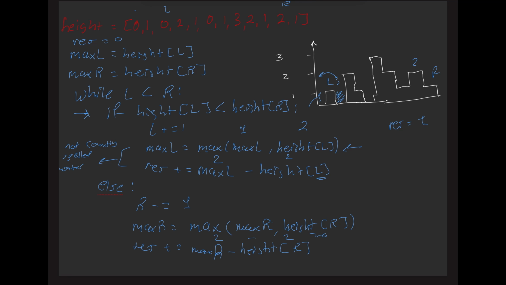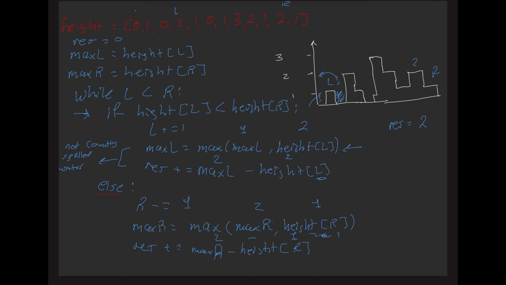So again, we're going to say, hey, our left pointer is now 2, and because 2 and 2 are equal, our right pointer will be kicked into here, and there's going to be a noticeable drop from 2 to 1. So max is 2 here, and then the height of R is 1, so it'll be 2 minus 1, which is equal to 1, and now our result has been updated to 2.